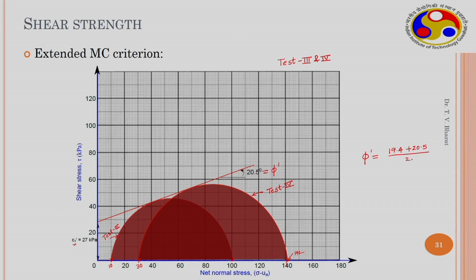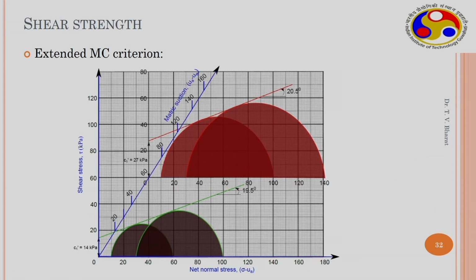So, we take the average, and we get nearly 20 degrees. This can be represented in this particular manner.